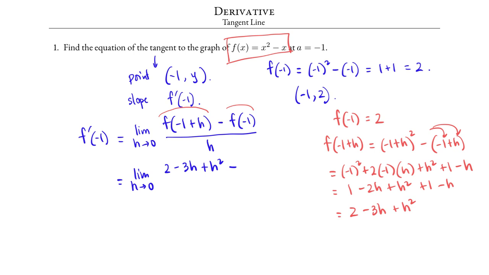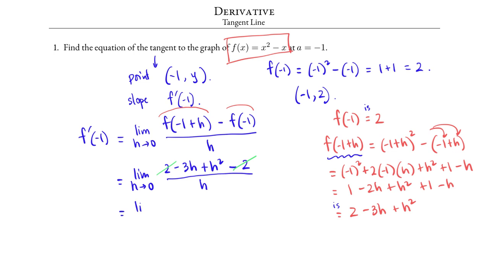And then we also replace f of -1 with 2. The expression is: f of -1 is 2, and f of -1 plus h is now 2 minus 3h plus h squared, over h. If we do this correctly, then we should be able to simplify: f of -1 is 2, so 2 minus 2 is 0.